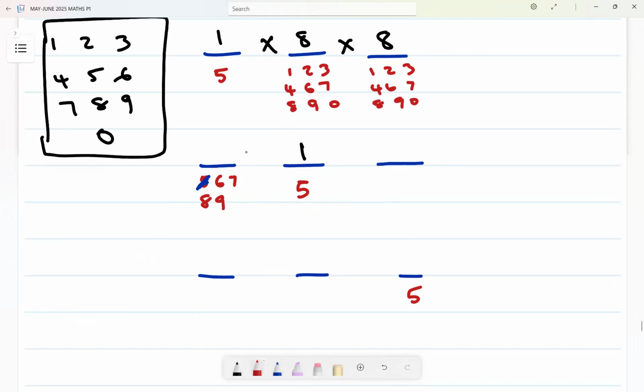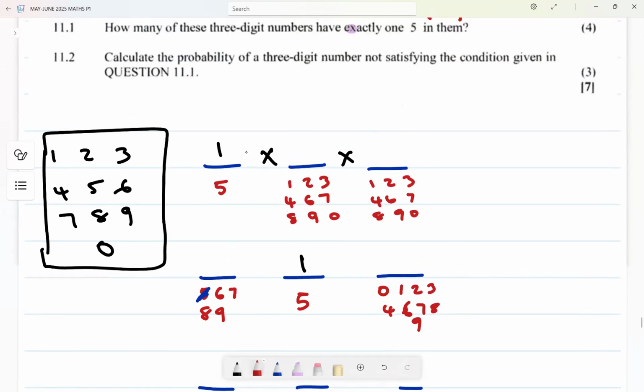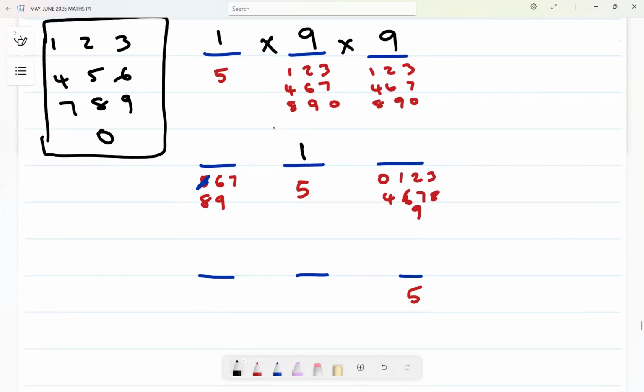And then on this one, I can have 0, 1, 2, 3, 4, 6, 7, 8, 9. Guys, this is not 8, it is 9. So 9 here, 9 here. And then fighting for this position, can you see there are 4 of them, and fighting for this position, there are 9 of them.